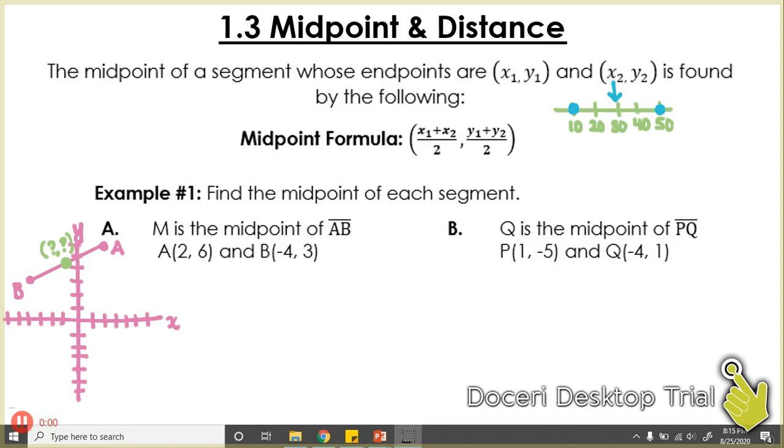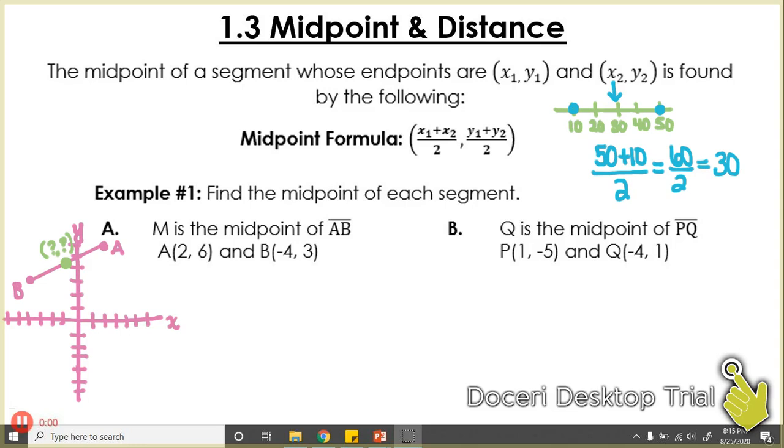Mathematically, you've taken 50 and added 10 together, and then you've cut it in half, because 60 divided by 2 is 30. So 30 is in the exact middle. In other words, you're finding the average.